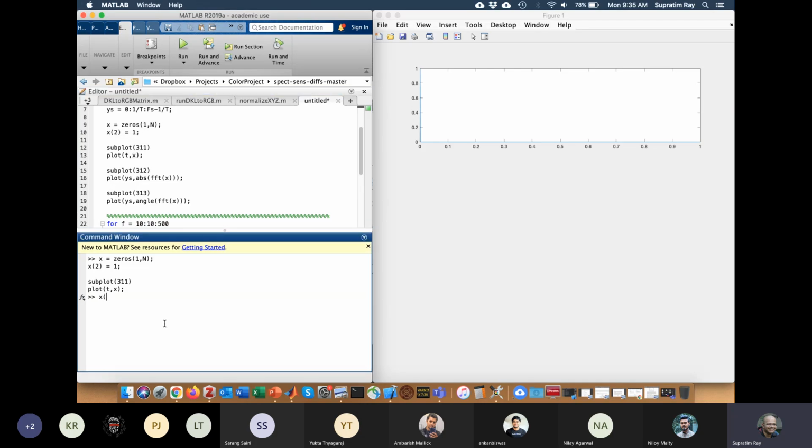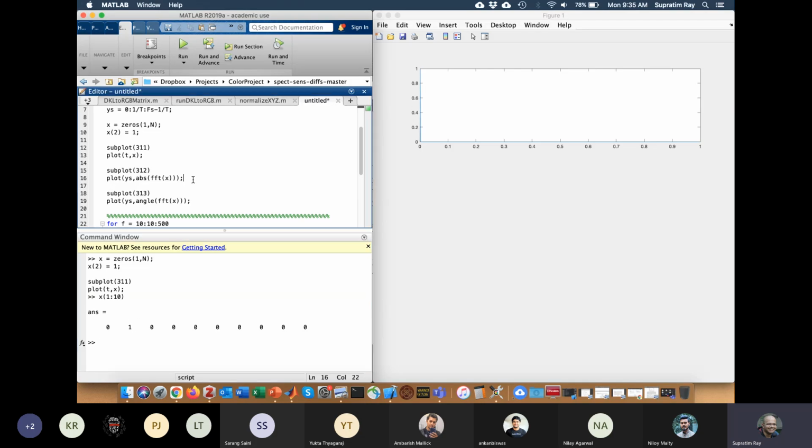Okay, so x 1 to 10, if I display, it's now the second element that is 1. What do you think is going to happen to the Fourier amplitude of the Fourier transform? This is now a delta function, but it's shifted by one sample.